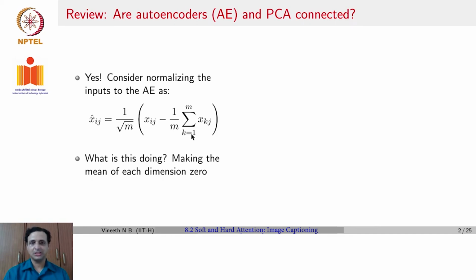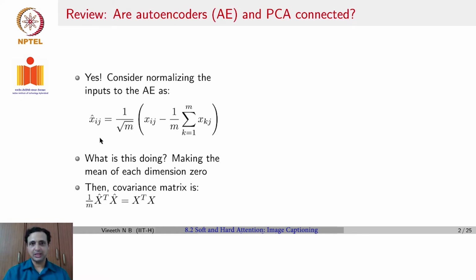It's a standard normalization step. And when you do this kind of normalization, the covariance matrix is given by 1 by m into x hat transpose x hat. This is because of the 1 by root m that you have when you compute your x hat.